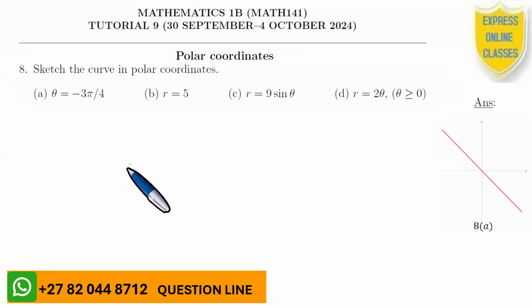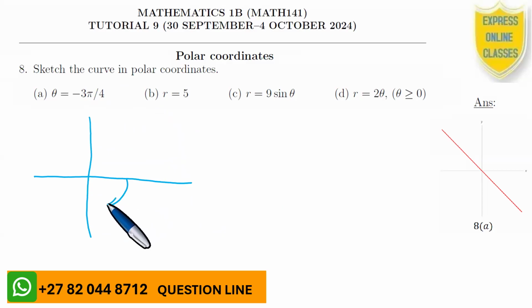So to draw this, sketch the curve in polar coordinates. We are able to see clearly that minus 3 pi over 4 is a negative angle, so it's going to be measured like this, which is minus 3 pi over 4 radians.